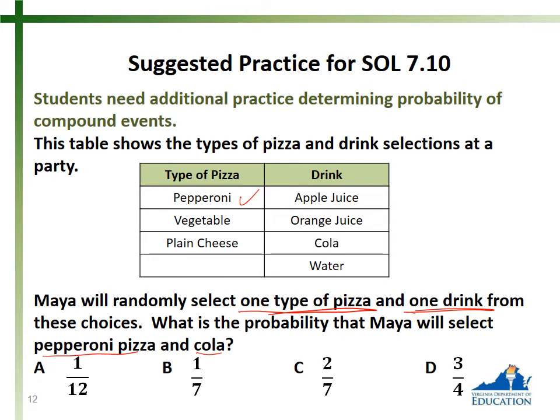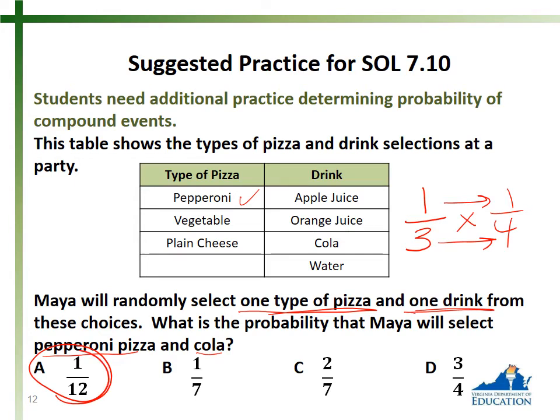And so here we have three choices for pizza, one of them is pepperoni, so I'm going to say that's 1/3. And if I multiply that by the drink choices, cola, there's 1/4. And we're going to be multiplying these two fractions together to give us 1/12.